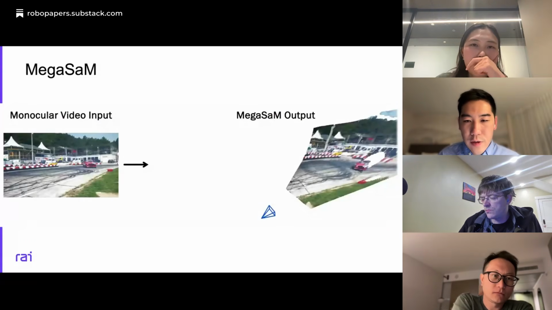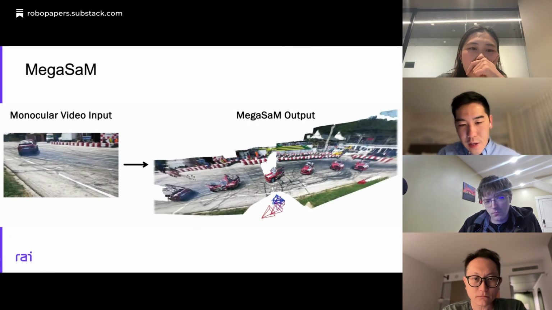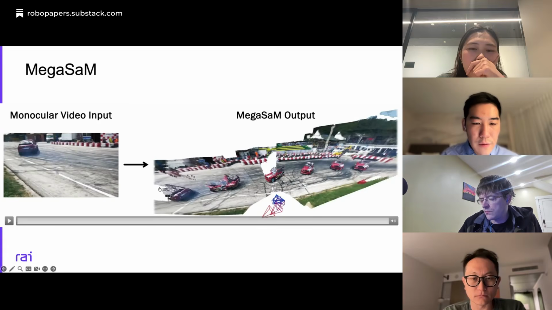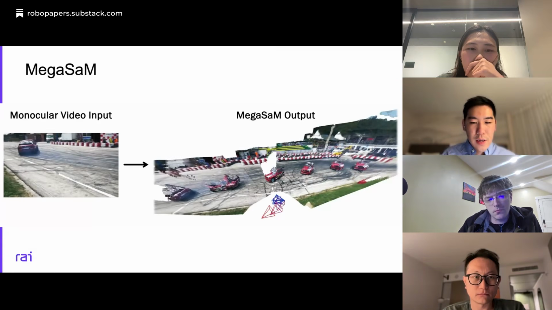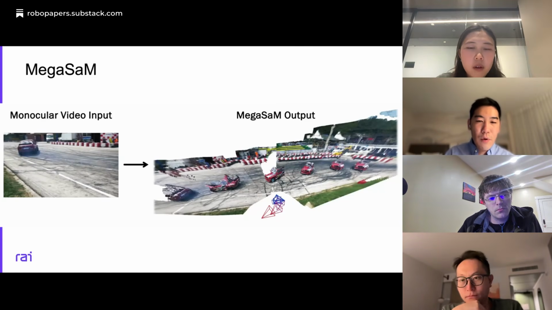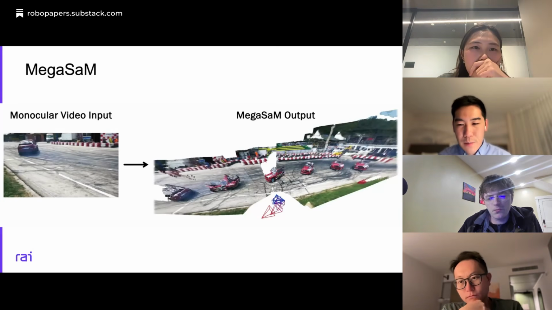So at that time, we were using this model called MegaSam, which was a CVPR 2025 paper. What MegaSam does is convert a monocular video to estimate the camera motion and the point map per frame, which is super powerful if you think about it, right?